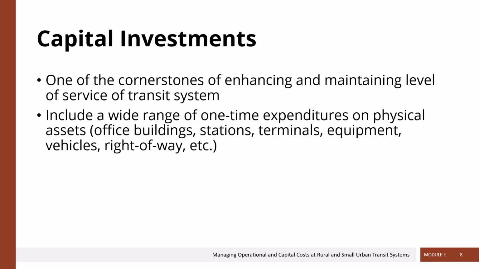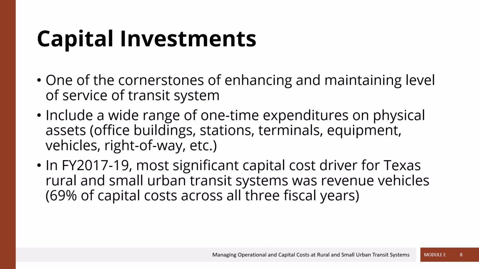These can include things like office buildings or stations, terminals, equipment, perhaps for maintaining vehicles, the vehicles themselves, buying right-of-way, etc. In fact, between fiscal years 2017 and 2019, the most significant capital cost driver for Texas rural and small urban transit systems was revenue vehicles, and accounted for 69% of capital costs across all 3 fiscal years, which is not a surprise, and vehicles continues to be a significant driver of costs for any transit system.